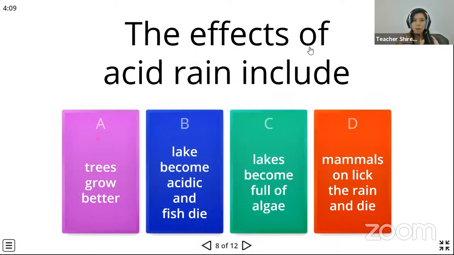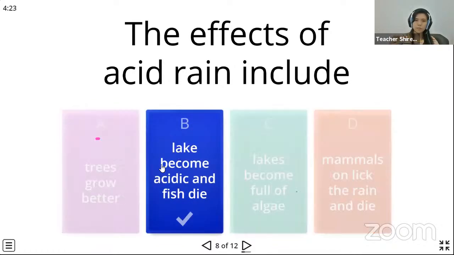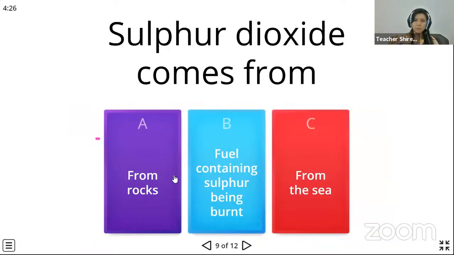The effects of acid rain include. What are the side effects of it? Okay, sulfur dioxide is mainly those which is released from the factory.